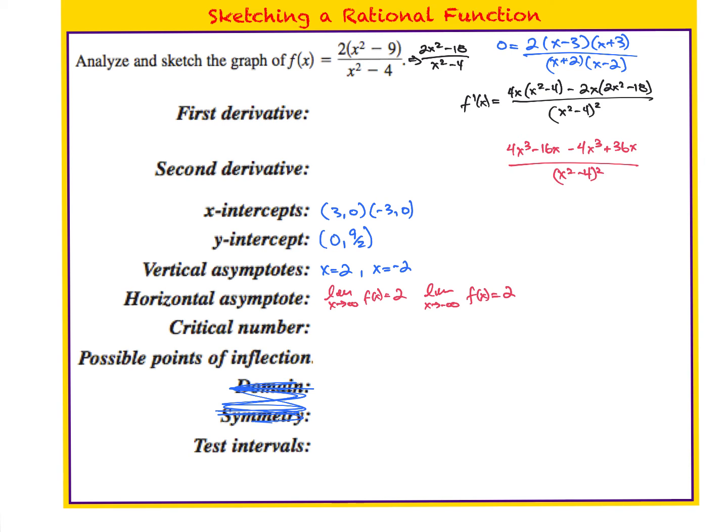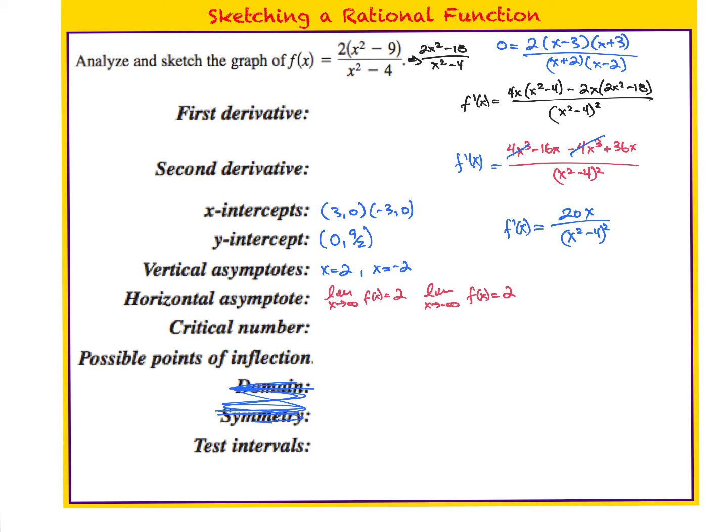Does anything lovely happen? I love that when it happens. All right, so what's left up top? 20x, that's good. So we get 20x over x squared minus 4 squared. Are you guys starting to get excited when things cancel?